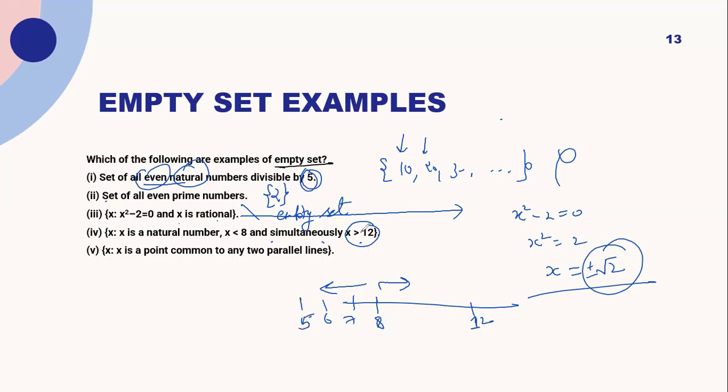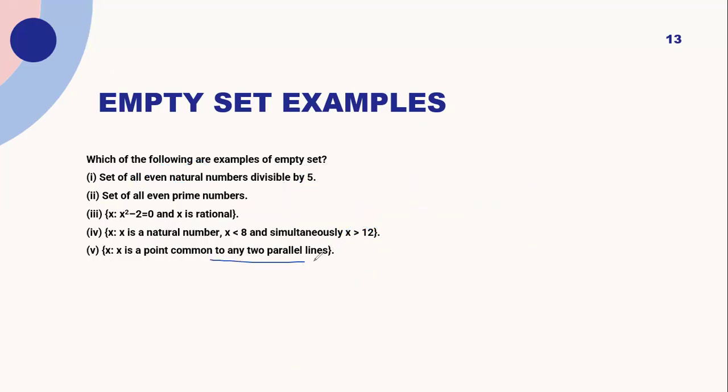But simultaneously it should be greater than 12. How can this be possible? Wrong. X is a point on two parallel lines. If you have two parallel lines, how can you create a common point? No. So this is an empty set.